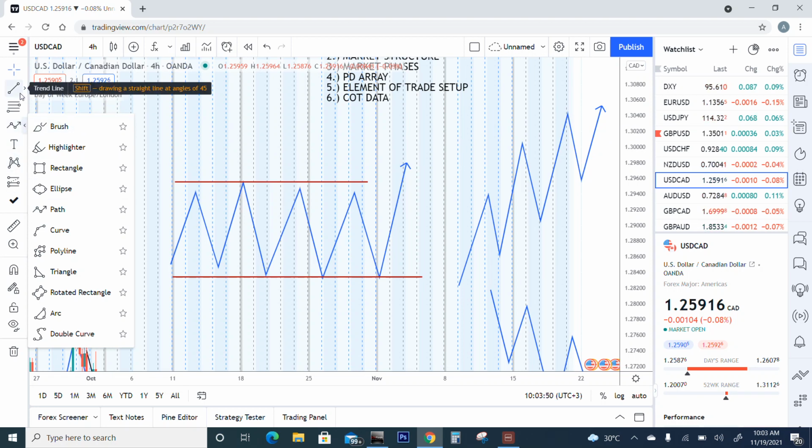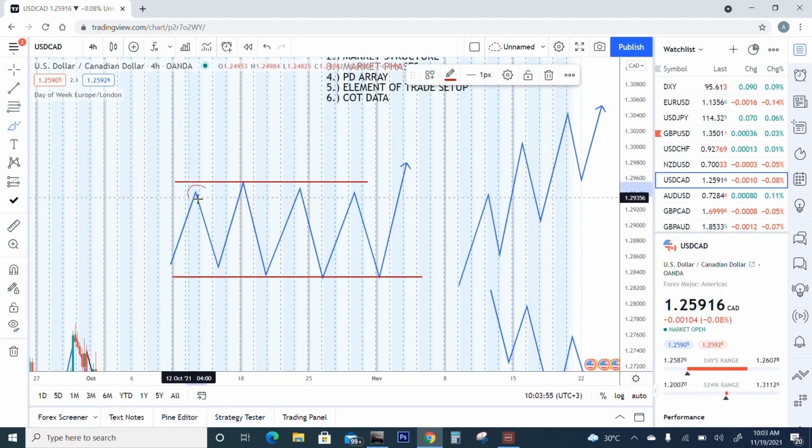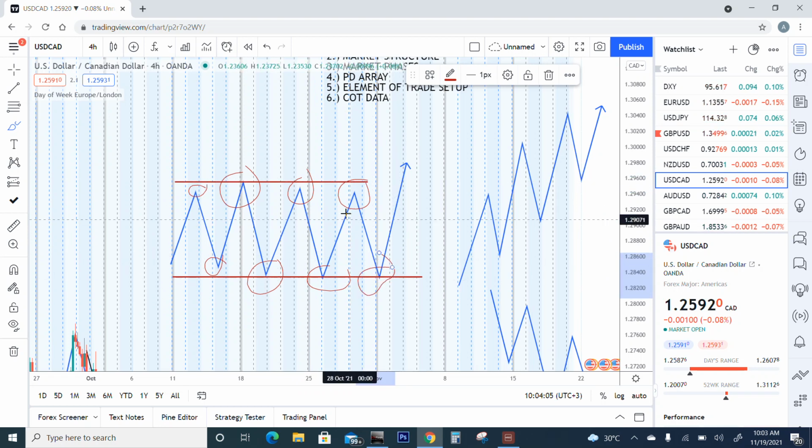What I really mean is all these points. Before it turns up or down, these points are referred to as highs that have been made by the market, and they're crucial in the market strategy.